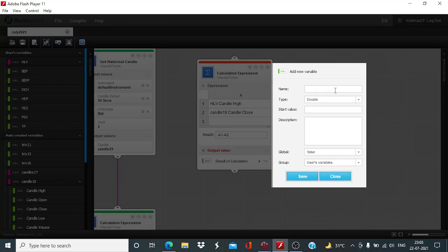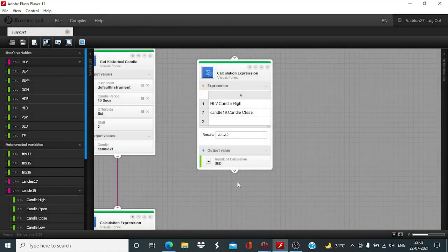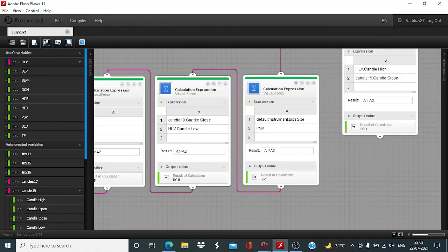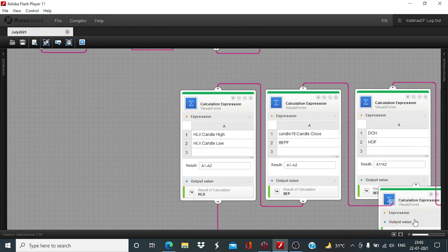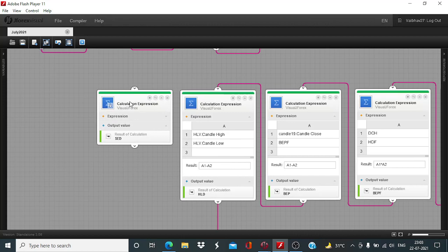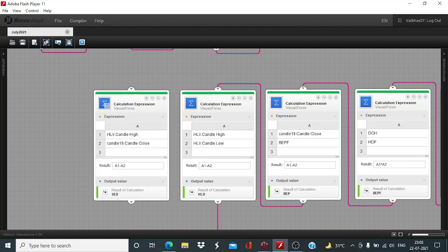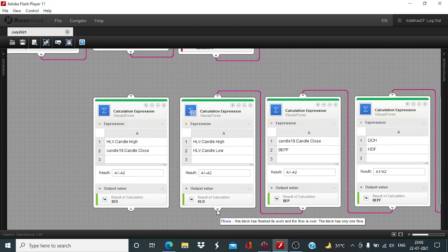This will be the sale execution difference, so I will name it as CD. I will disconnect this flow and join it here.